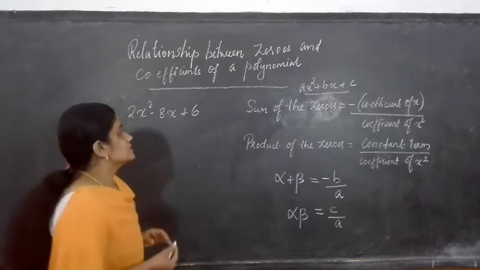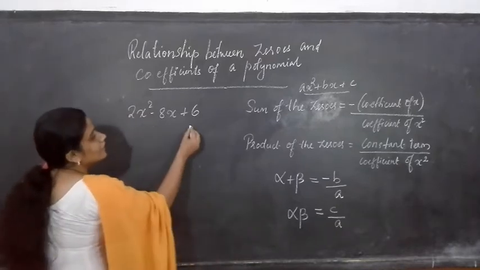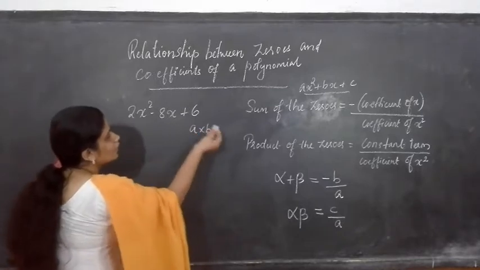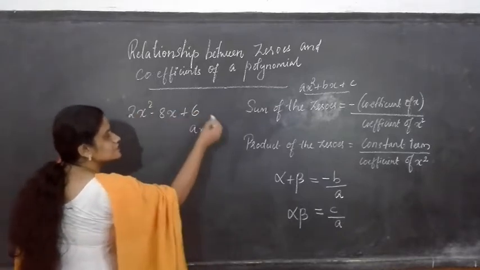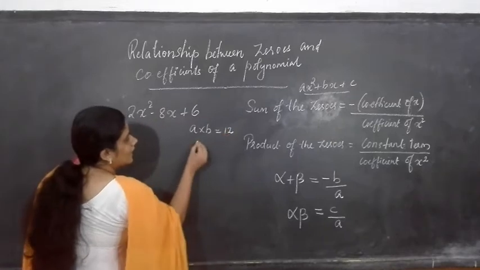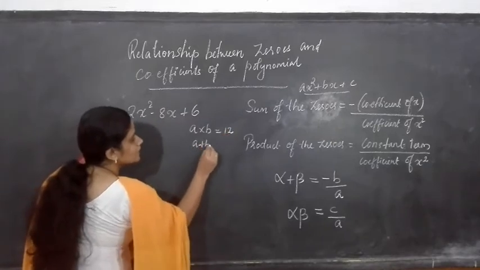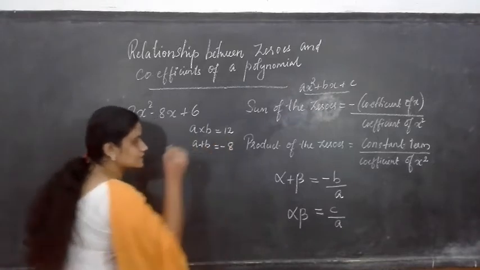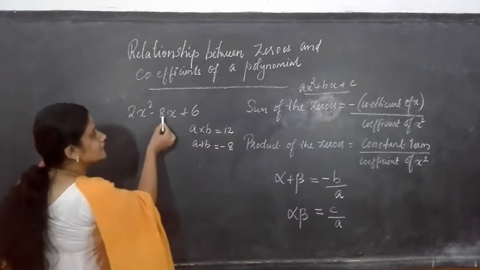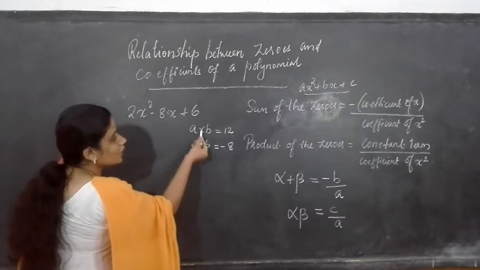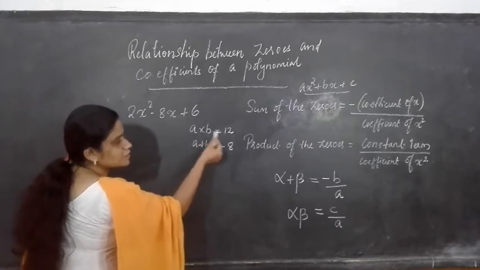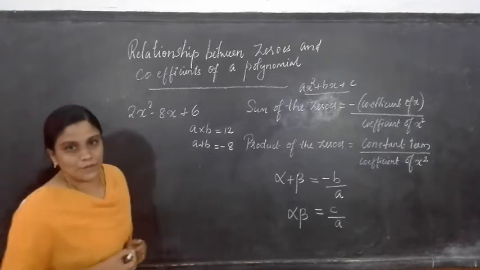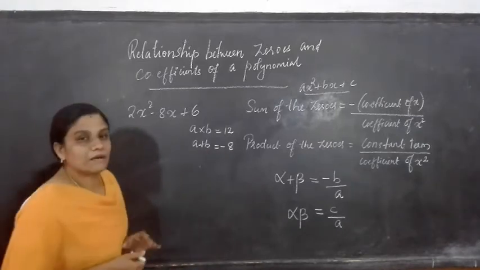Here the product of the numbers should be 2 into 6, which is 12, and the sum should be negative 8. So we have to split the middle term where the product of those two numbers is 12 and the sum is negative 8.